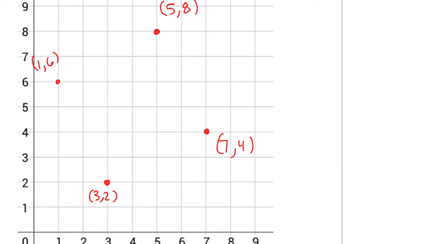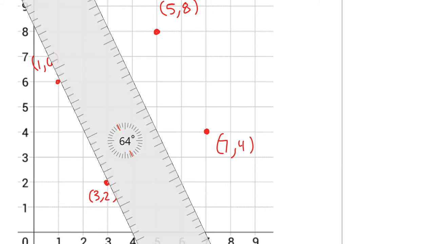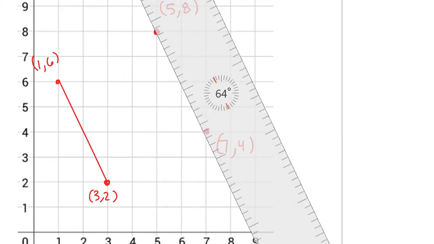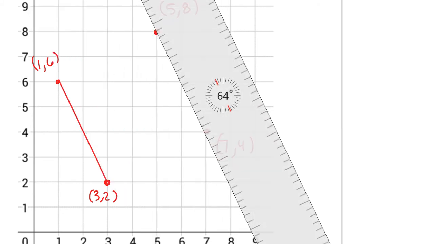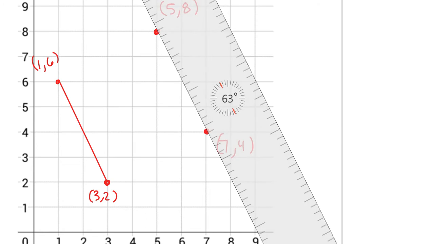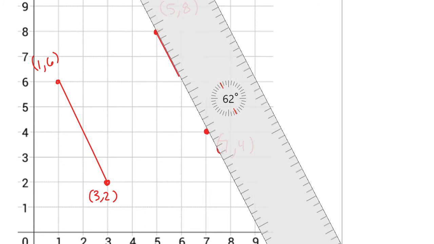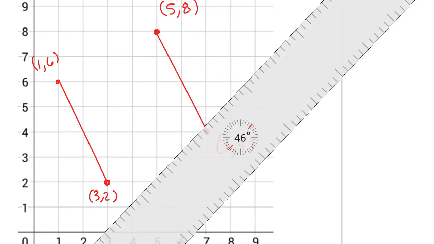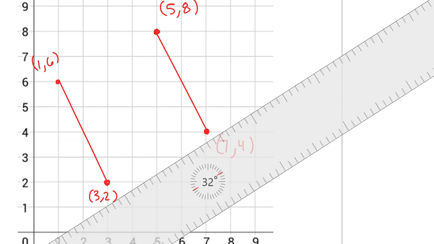So when I look at it, it certainly is a quadrilateral. If I turn the ruler on and connect these points, here's one of them, and here's another pair of points, and I can rotate the ruler and go ahead and draw these also.